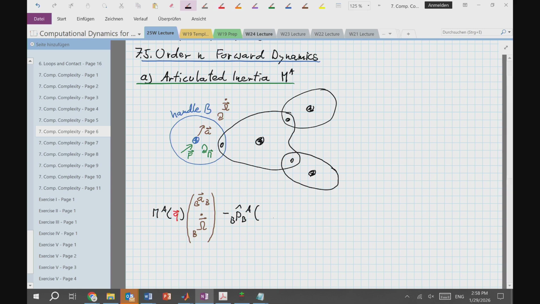Let's leave this open. There are 1, 2, 3, 4, 5 things that go in there. And that is equal to the force that you need, so the force expressed in B coordinates and the torque about the center of mass, again expressed in B coordinates.